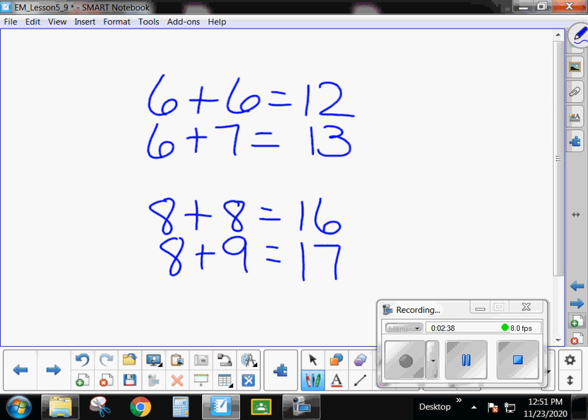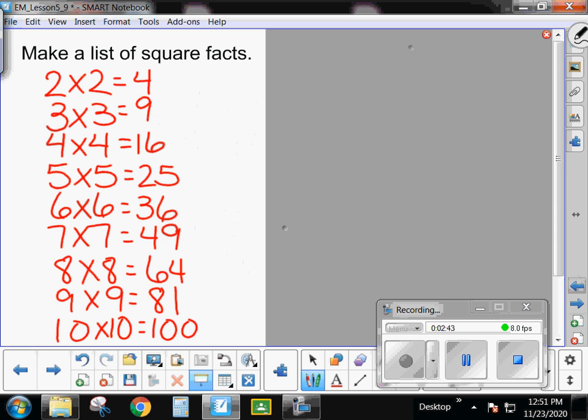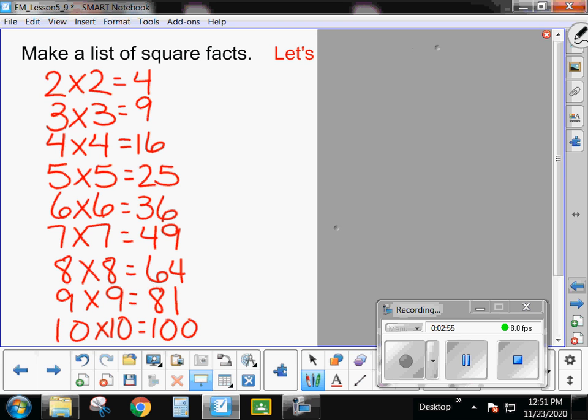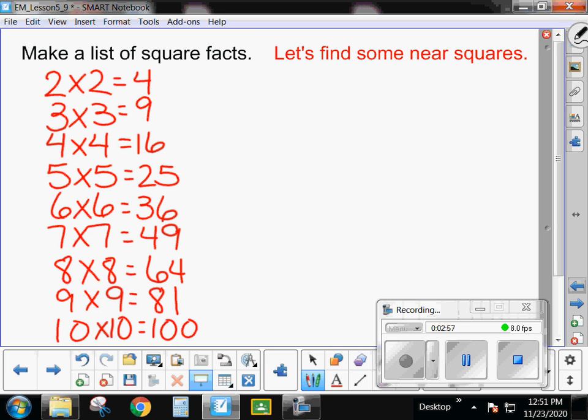Well, that's kind of what we're doing with our near square facts, except with multiplication, you're not just adding on one more, you're adding on one more whole group. And we did this clear back, I want to say it was also in Unit 3, when we were doing helper fact strategies and add a group and subtract a group strategies.